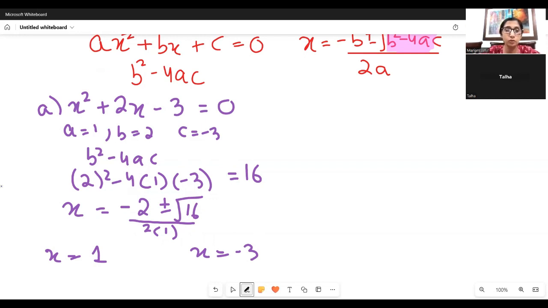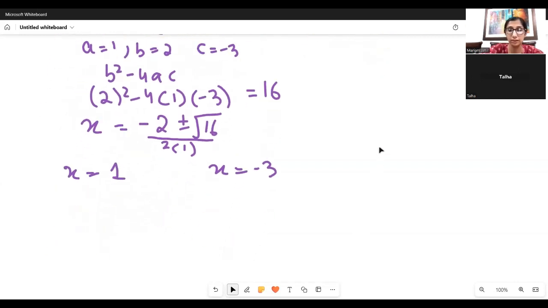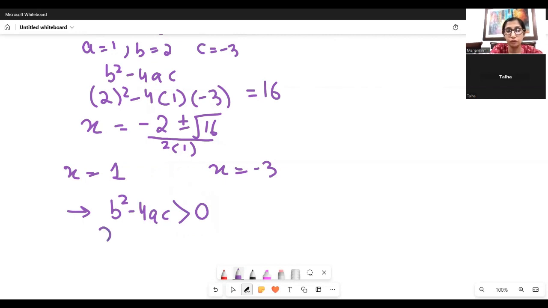And why did we get two solutions? Because the discriminant was a positive value, greater than 0. So when b square minus 4ac is greater than 0, we have two real and distinct roots.